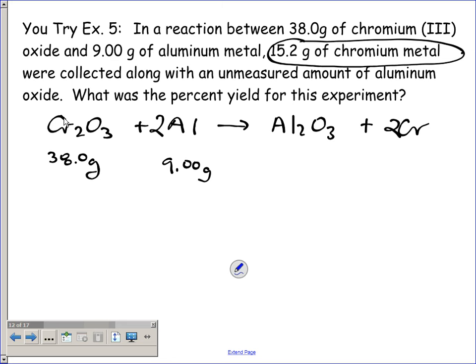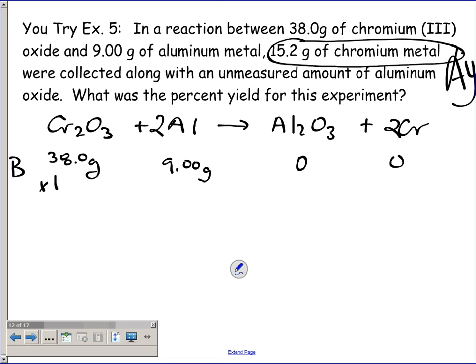So use your words. That's the actual yield. AY, okay? Please put that's the AY, that's the actual yield. And no, it doesn't say it, but if it says it's actually collected in the experiment, that's the experimental yield. So we're going to look at that later, but keep that to the side. All right, we know there are 0 and 0 of both products before the reaction begins because the reaction hasn't started. What am I doing with both of these?